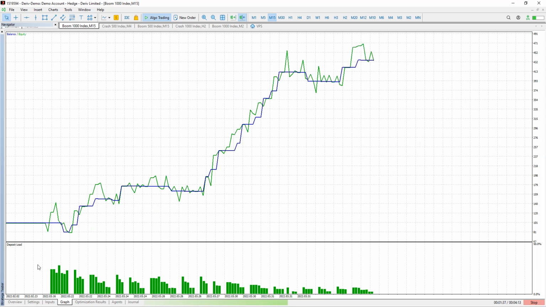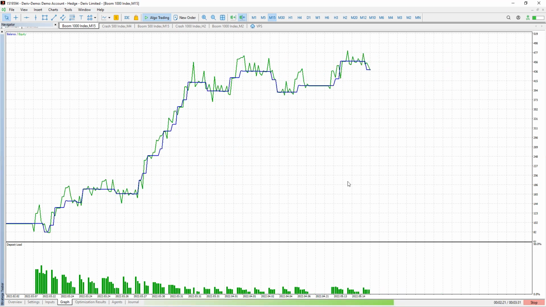Let's just wait. Remember, this is a period from the 2nd of February up until the 7th of July. I think it started picking up trades here on the 16th of March. From here it didn't see any trade, and then it started picking up trades here. It's almost done.